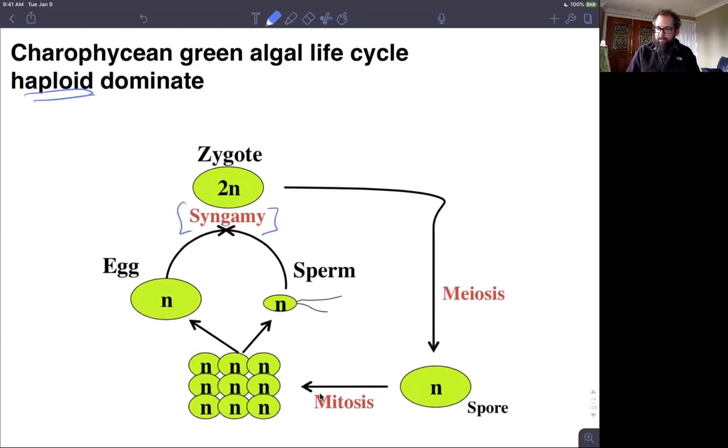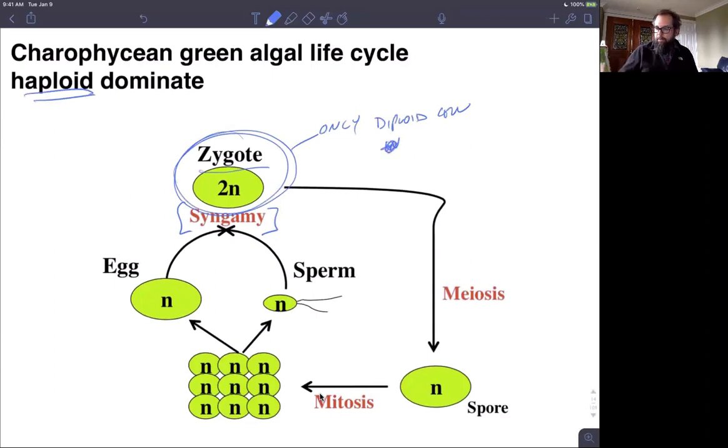That's the formation of a zygote from the fusion of sperm and egg, and that zygote is the only diploid cell in the life cycle.